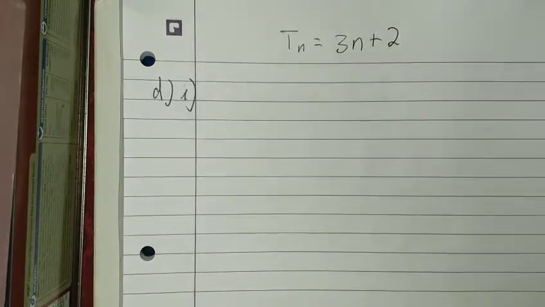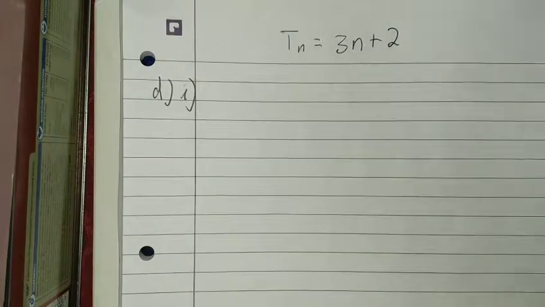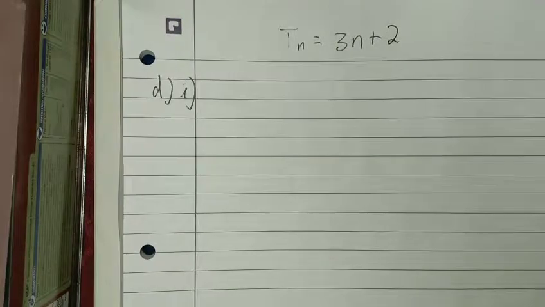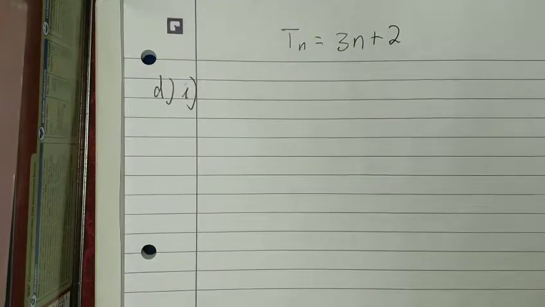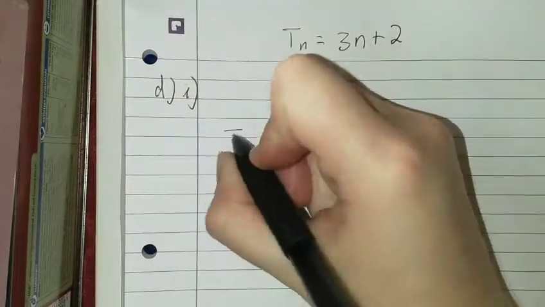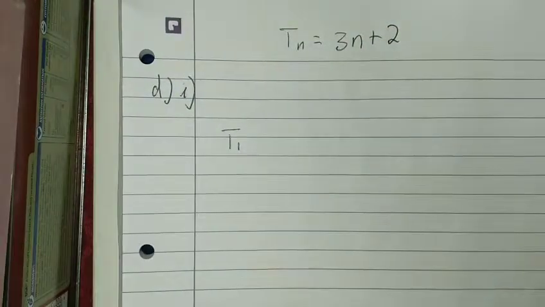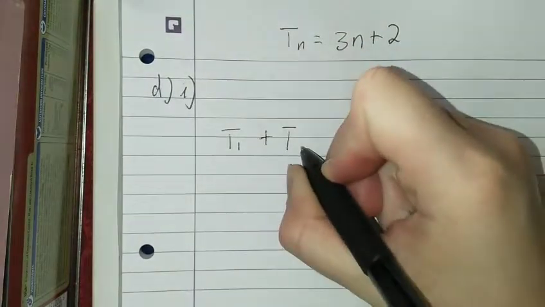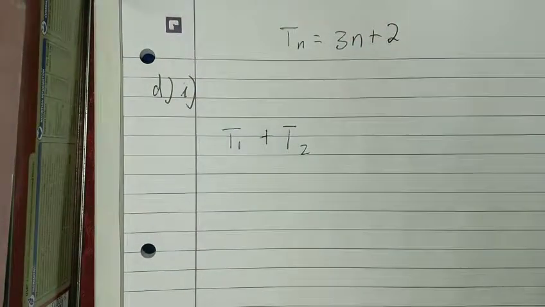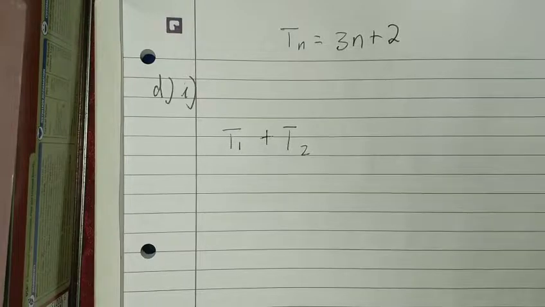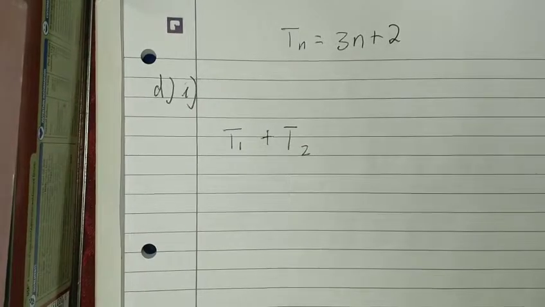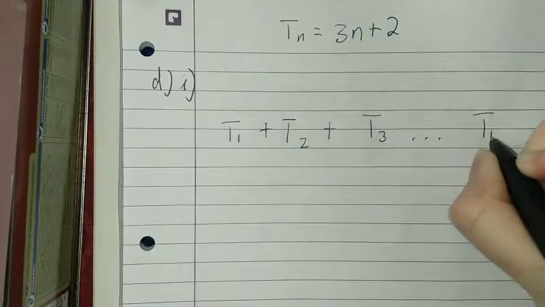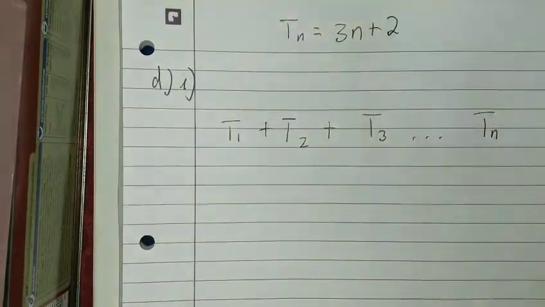So Sn is the sum of all the terms in the pattern. Sn is when everything is added together: the number of tiles in T1 plus T2 plus T3, continuing on until we get to a given value, say Tn.